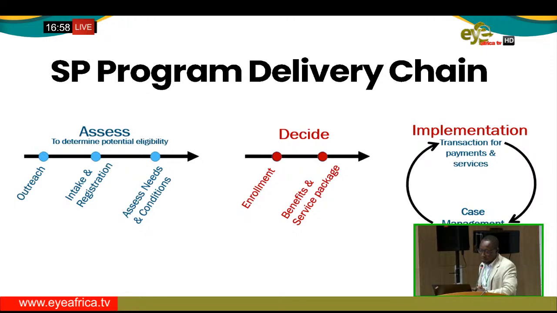That phase is followed by making a decision about who to enroll and what benefits you are going to pay them. Then we have the actual implementation, which involves paying out the benefits and also taking care of any concerns that may be raised by the communities.